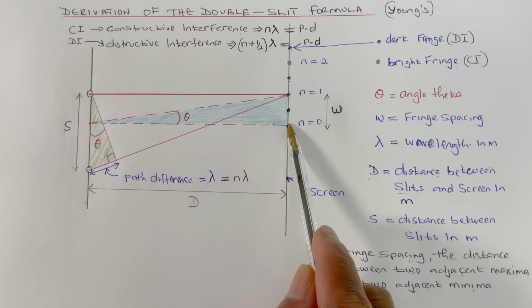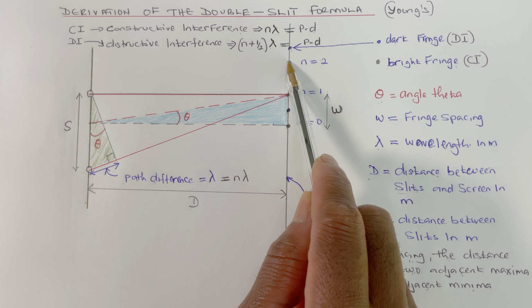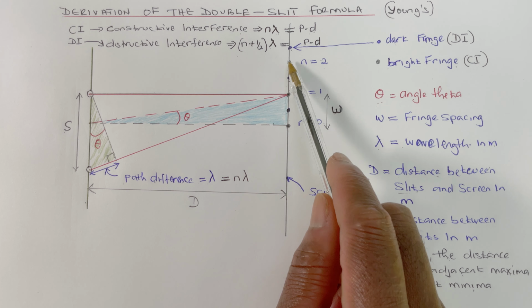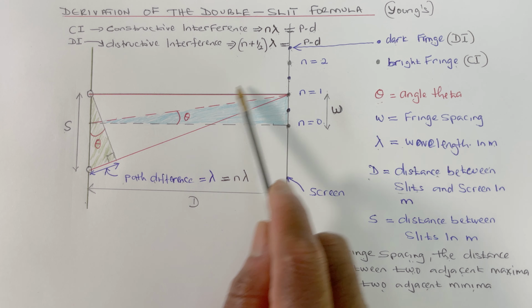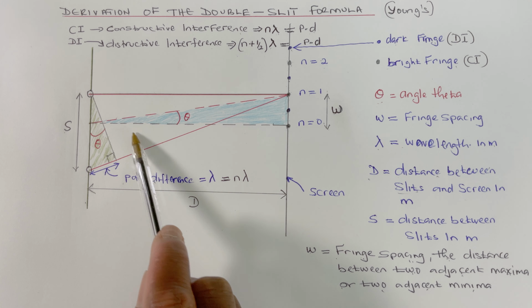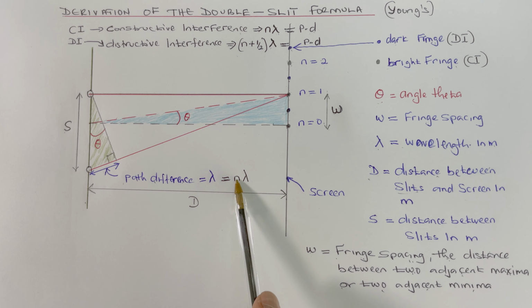If I go from here to there, that's n equals 2. You can see I draw the line from there to there, and that to there, and the path difference will be 2 lambda, because that's n equals 2.